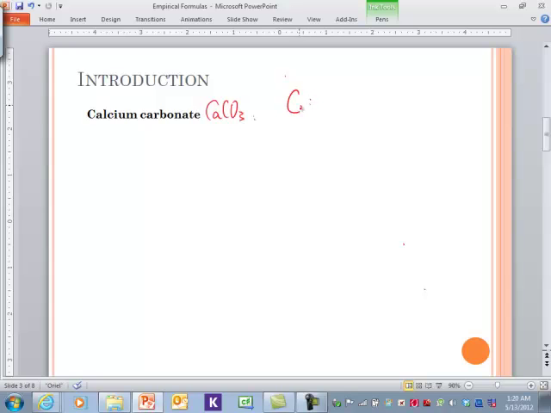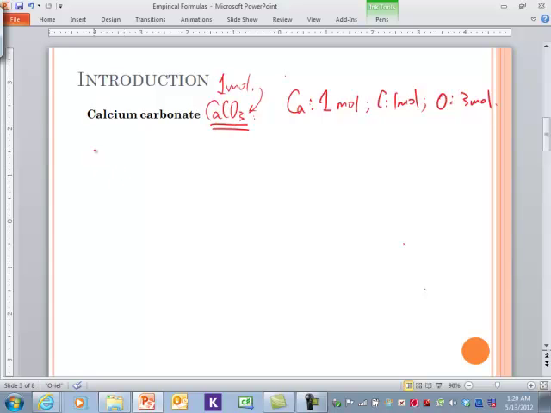You have 1 mole of calcium carbonate, 1 mole of calcium, 1 mole of carbon, and 3 moles of oxygen. This can readily be derived from this formula.